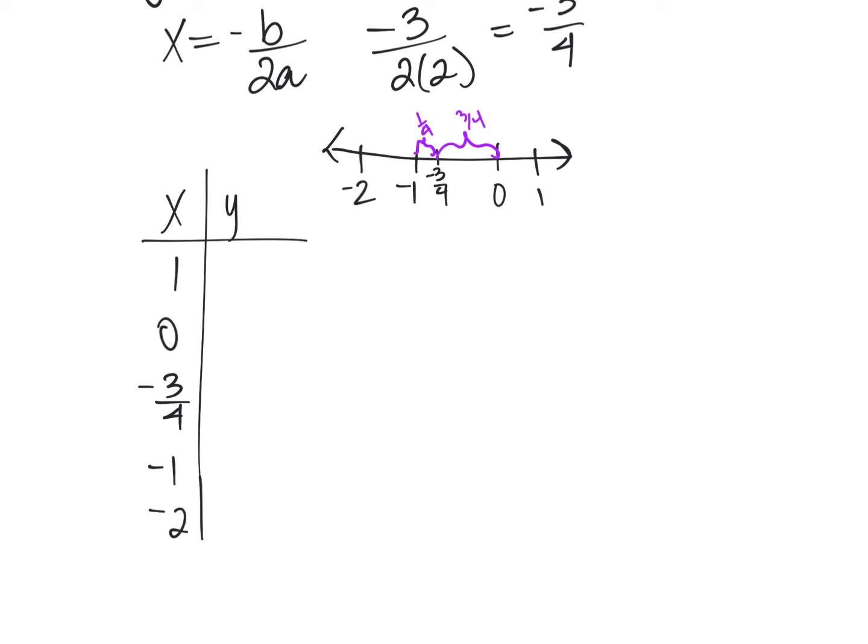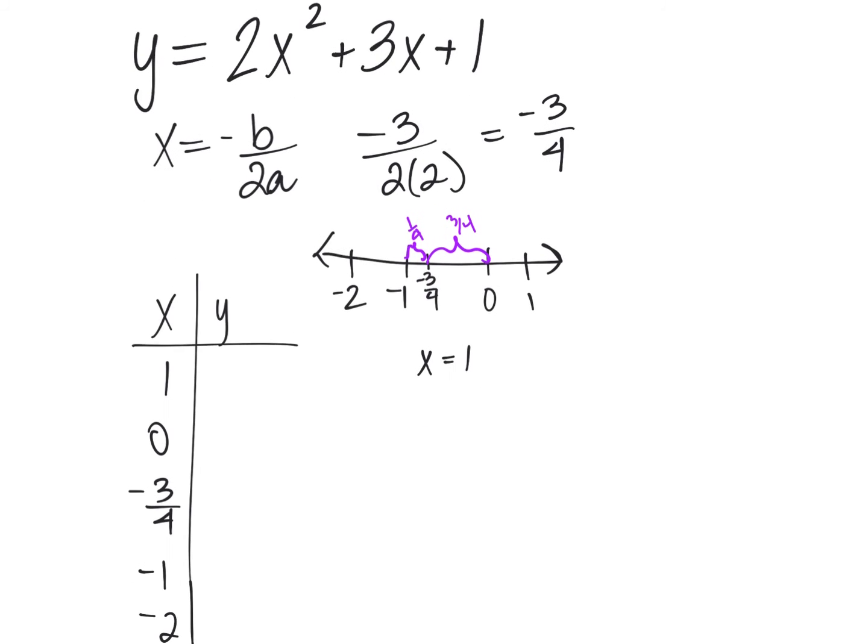It's only an issue when we have a fraction that's not 1/2. If it's 1/3, you're going to have to plug them all in. If it's 2/3, you have to plug them all in. 3/4, 1/4, 1/5. You don't get those very often. I don't even think there's one on your homework tonight, but I still want you to see it. So let's start plugging numbers in.